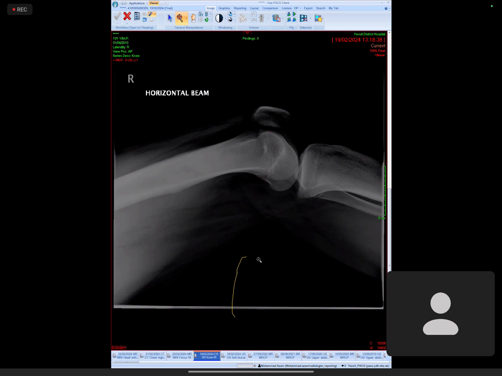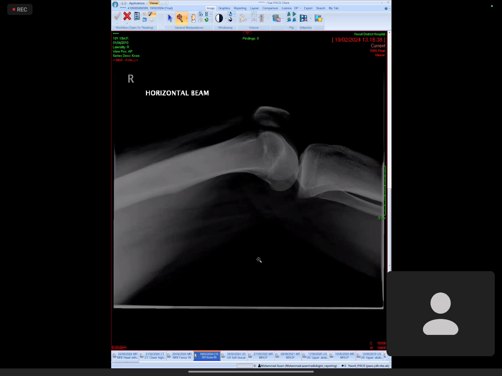So, in a 13-year-old with an aggressive looking periosteal reaction, the disease that I would first and foremost like to rule out would be the possibility of a sarcoma.